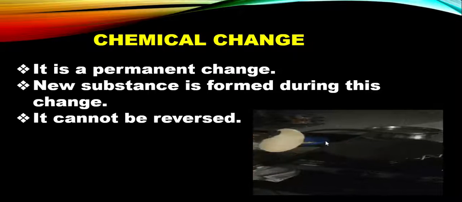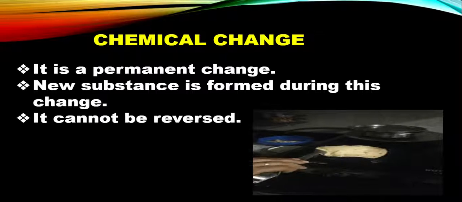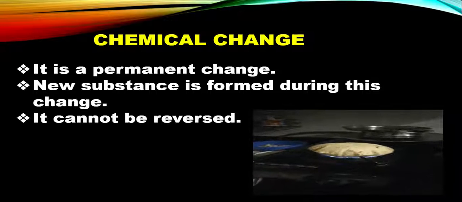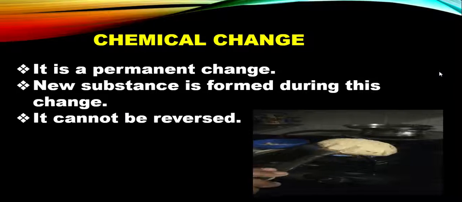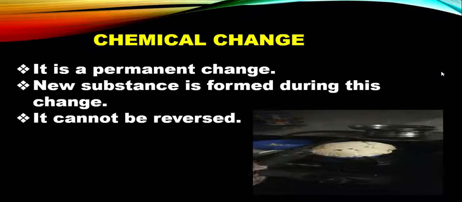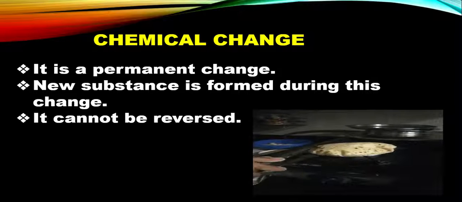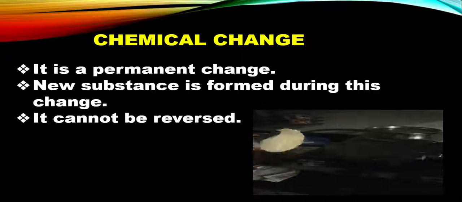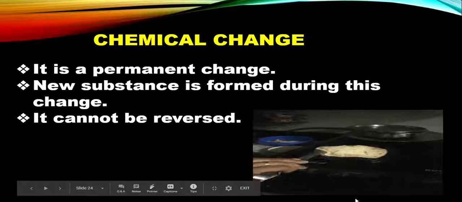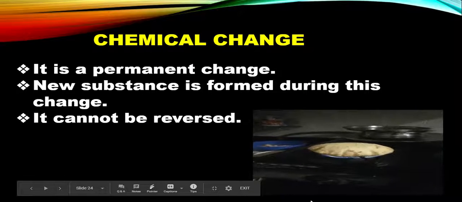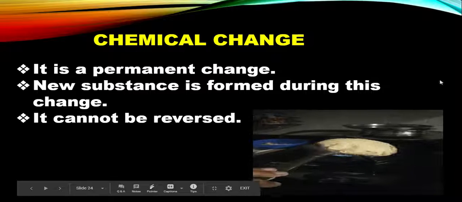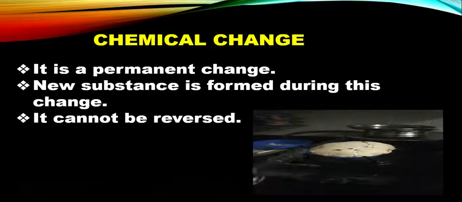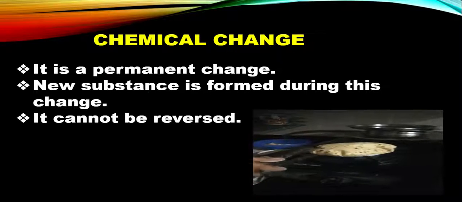For example, as you can see in the picture, when you make a chapati from a dough, an entirely new substance is formed and you cannot reverse the change as it is permanent. So, this is a chemical change.